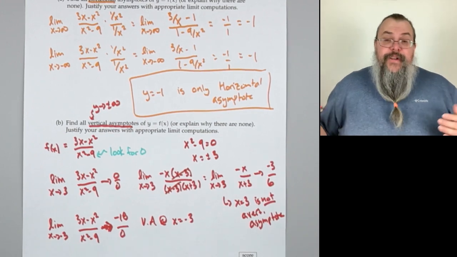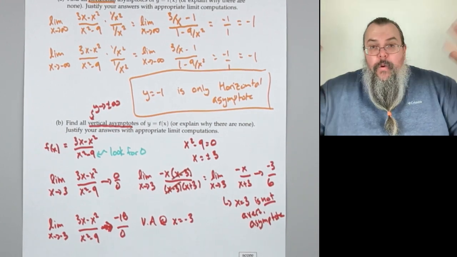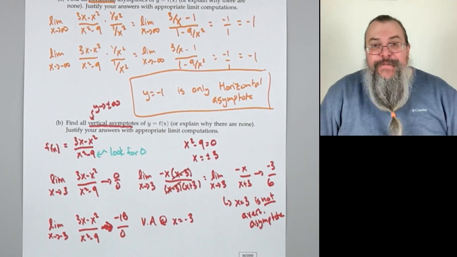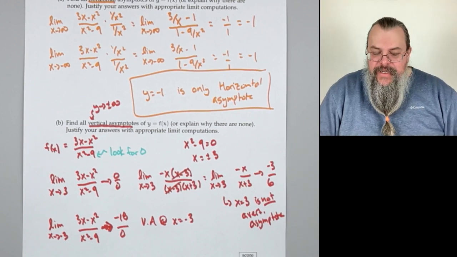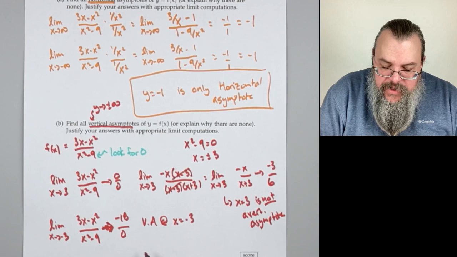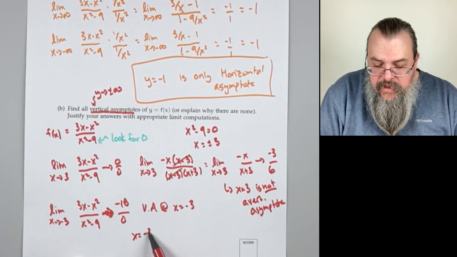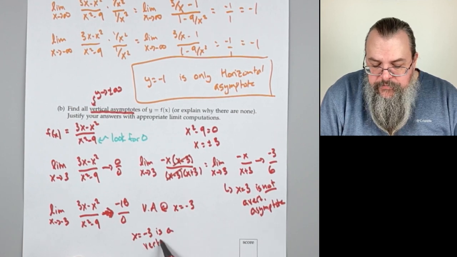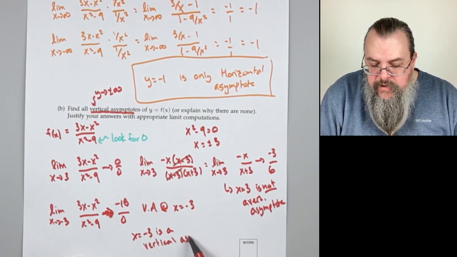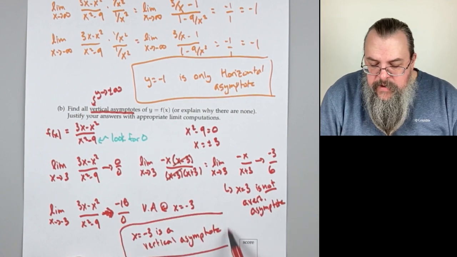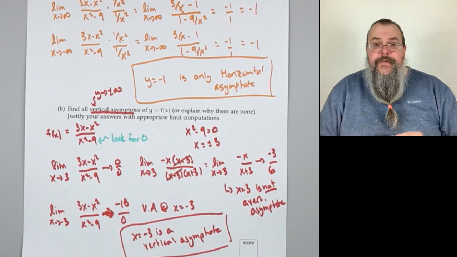And when you divide by something close to 0, you get huge. You blow up. And that's what causes vertical asymptotes. So we say, lo and behold, x equals negative 3 is a vertical asymptote. And that's it. That's the only one. And there we go. That's our answer.